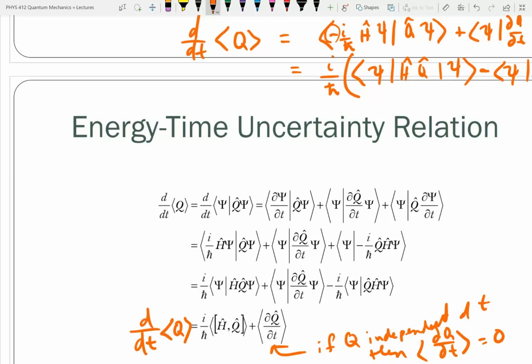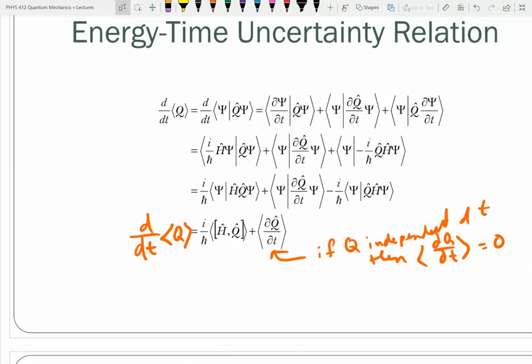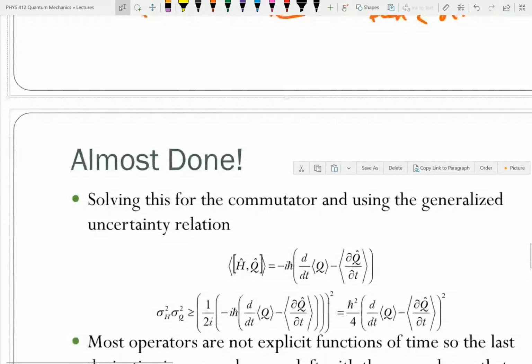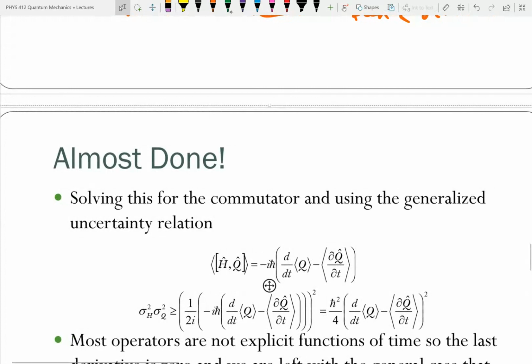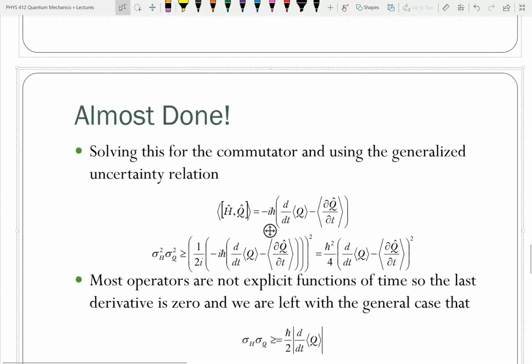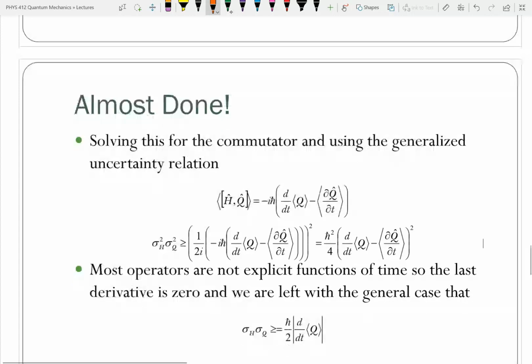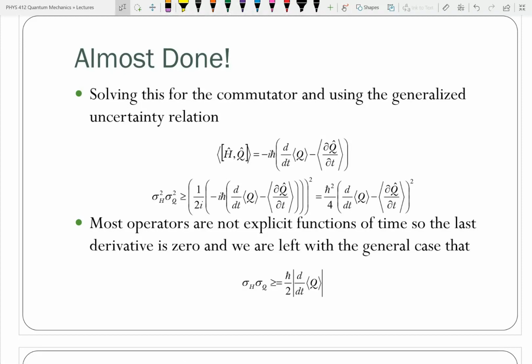So now I have something that talks about the time variation, and I can start talking about the uncertainty relationship between time and energy. So for energy, well, we had the Hamiltonian there. And so finding the commutator between the Hamiltonian and some arbitrary operator is shown reversed there, so that we can use our uncertainty relation.